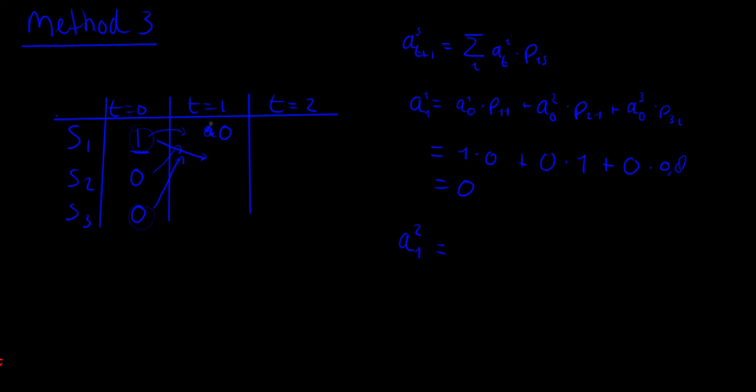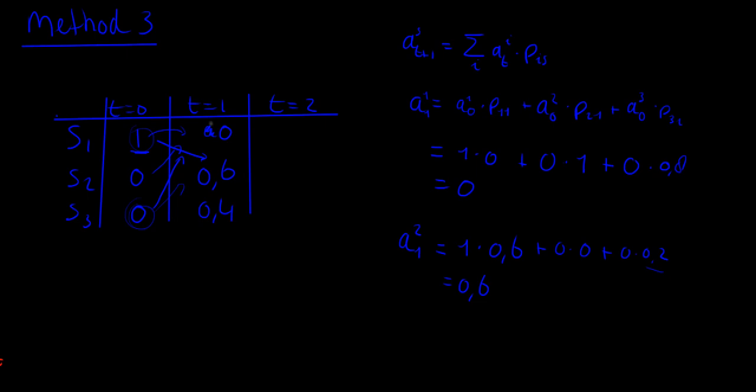We're saying, okay, going from state 1 multiplied with the probability of going from state 1 to state 2, which was 0.6, this is multiplied with 0.6, plus 0 times 0, plus 0 times 0.2, because the transition from state 3 to state 2 is 0.2, but this was a 0 here, so we get multiplied with 0 again, which is 0.6. And the same can be done for state 3, which results in 0.4.